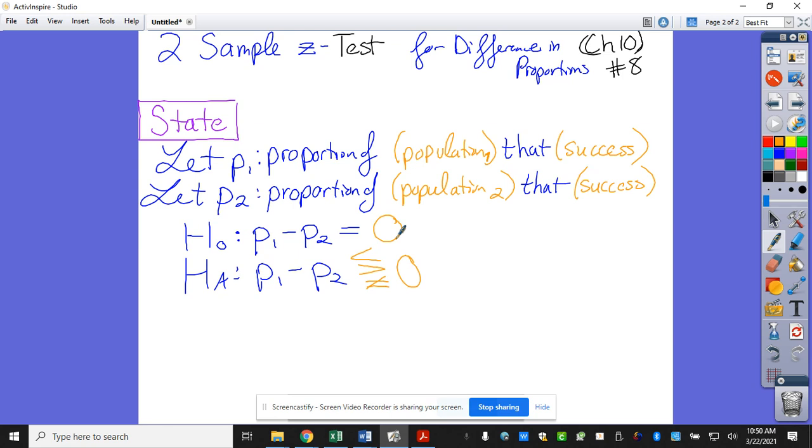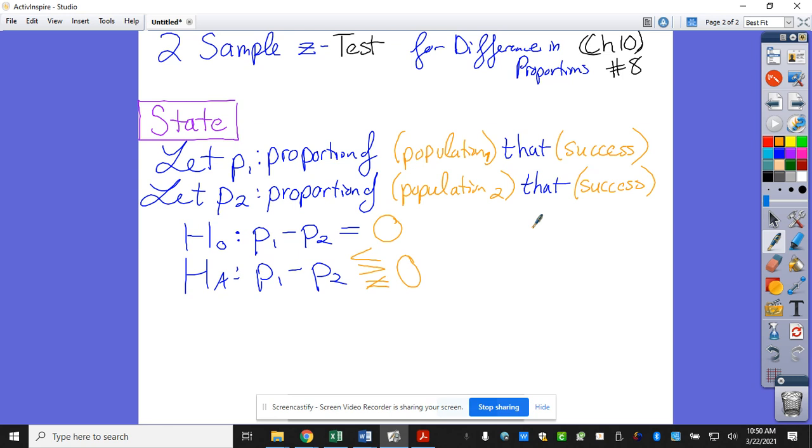So my null hypothesis is that my two different proportions what? Think about the way I wrote it right here, they're the same. So our null hypothesis, our assumption is that they're the same.